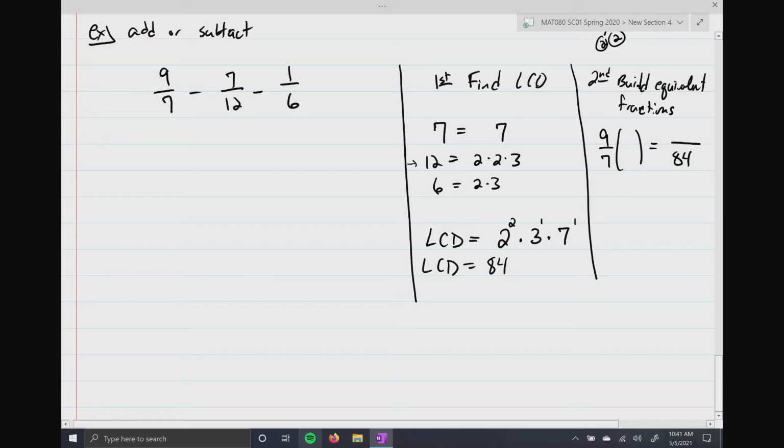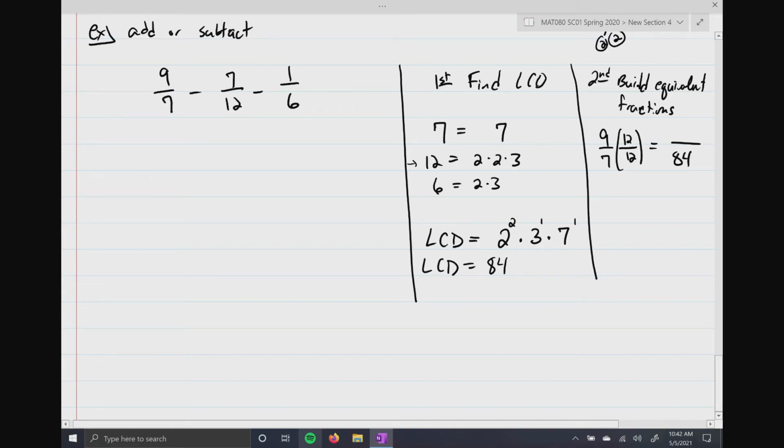I need to take that 9 over 7 and multiply it by a number, so that whatever number I multiply 9 over 7 by, I'm going to get 84 as a denominator. That number is going to be 12 over 12, because 7 times 12 is 84.